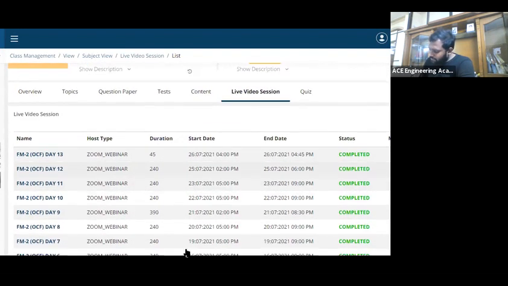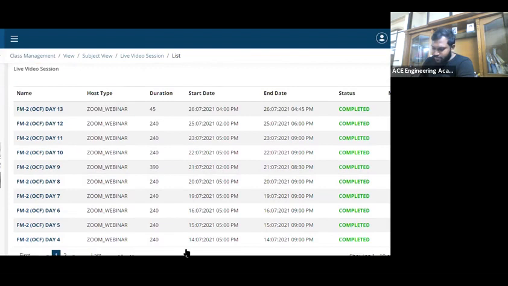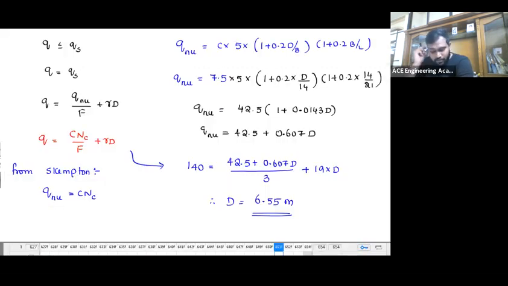Open channel flow took up to 12 days, and from the 25th onwards we started geotechnical engineering. So overall it is around 45 days, right?